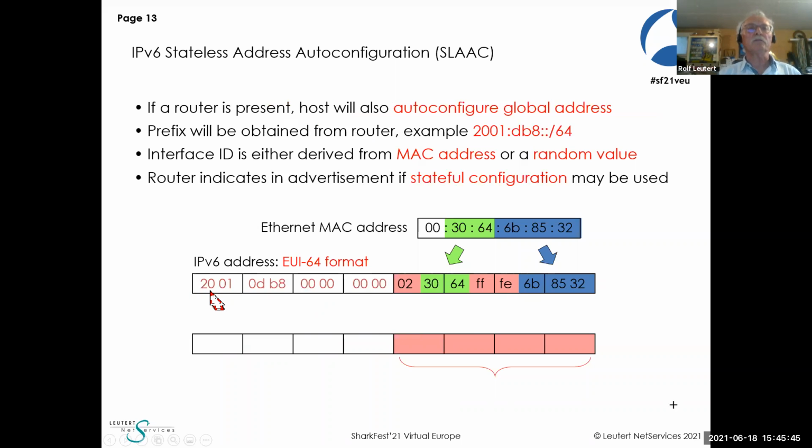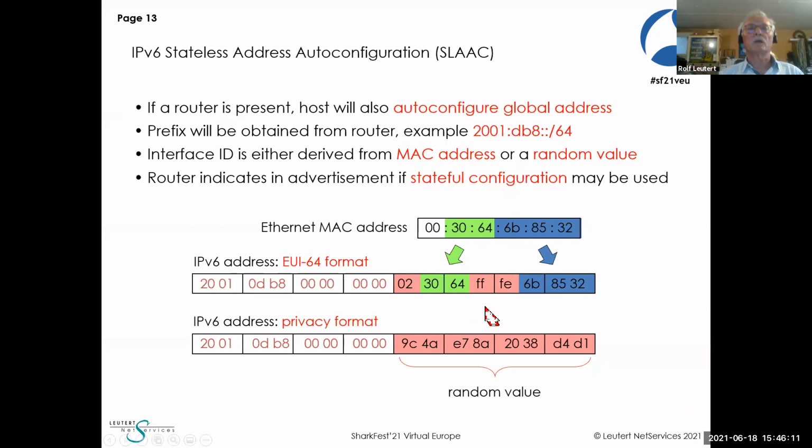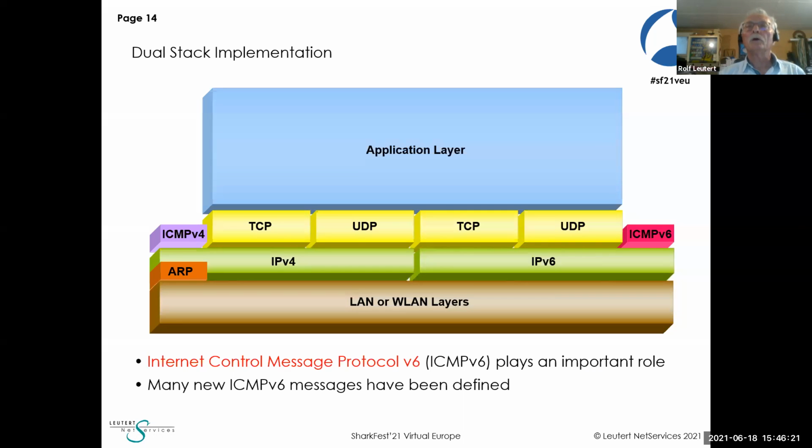Again, that is completely different from IPv4. In IPv4, the router does not supply a prefix. It's either manual or through DHCP. This is completely different. We are going to look at it in a minute. Again, the 2000 address, the public one, can also be EUI derived or MAC derived, or again, today the default is random. Again, it has to be verified on the network. We are going to see this in a minute. Okay.